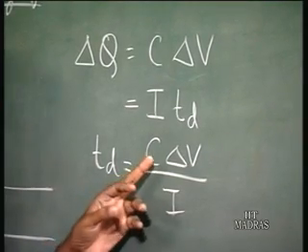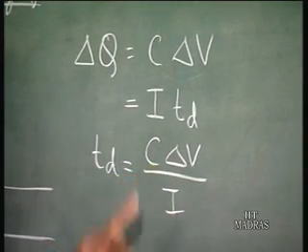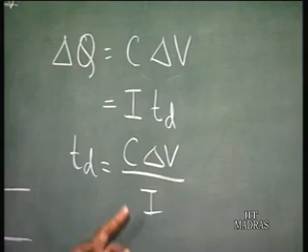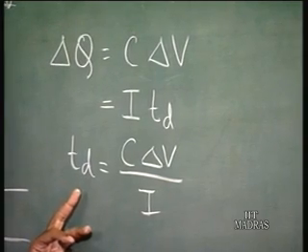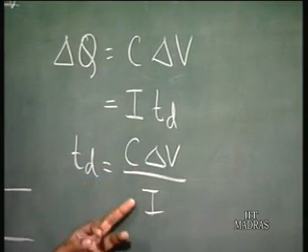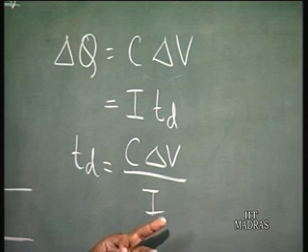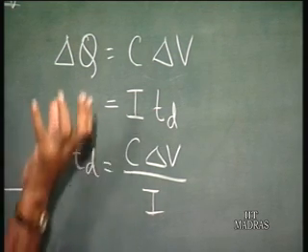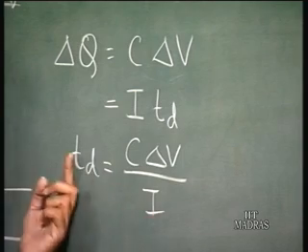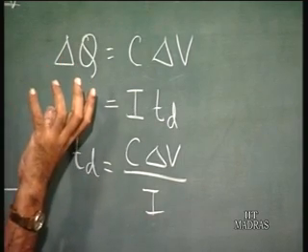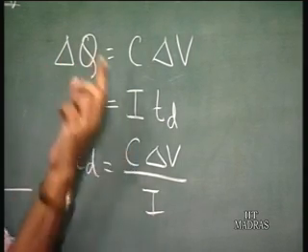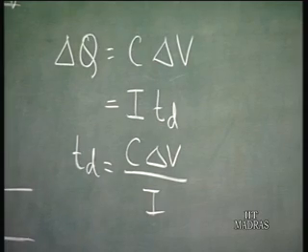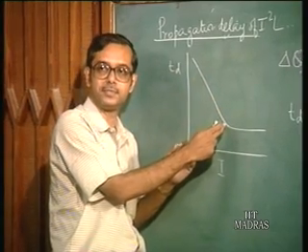If you have a capacitance C charging through delta V with a constant current I, you require time Td. Which means that if you increase the current, it will take less time to charge, obviously, because the product I into Td is equal to the charge you require, and so if I is more, Td will be less. So this gives this part of the characteristic.